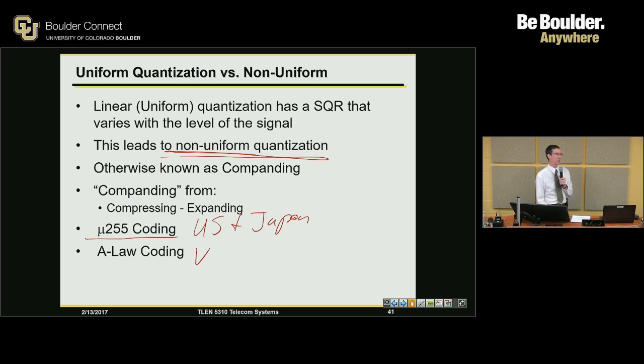Now, what that means is when we go to make calls to Venezuela, there needs to be an interworking function that translates mu-law on one side to A-law on the other side. But they both do basically about the same thing, so it's a very easy translation. It doesn't create any problems in the network for us.